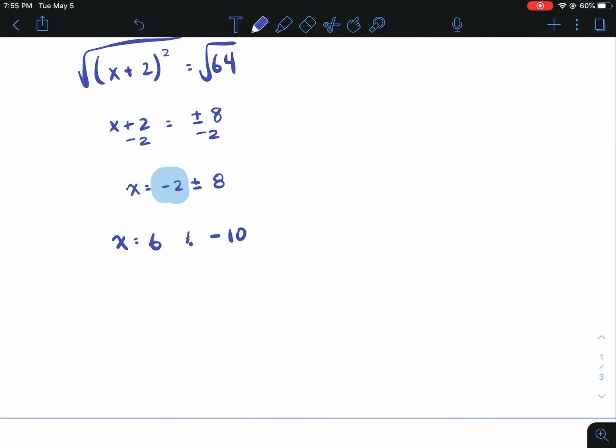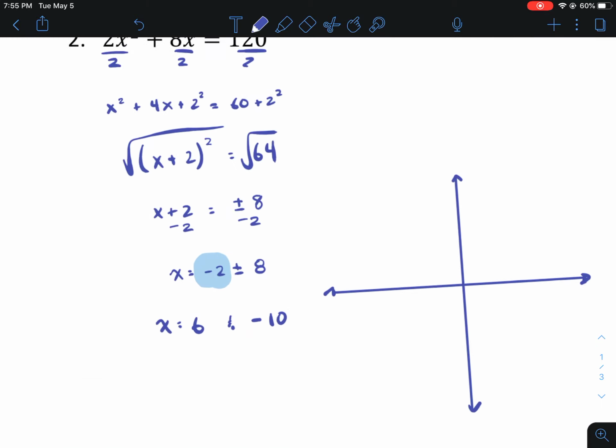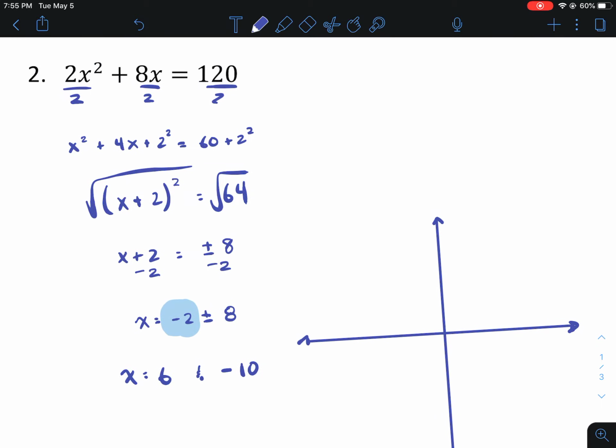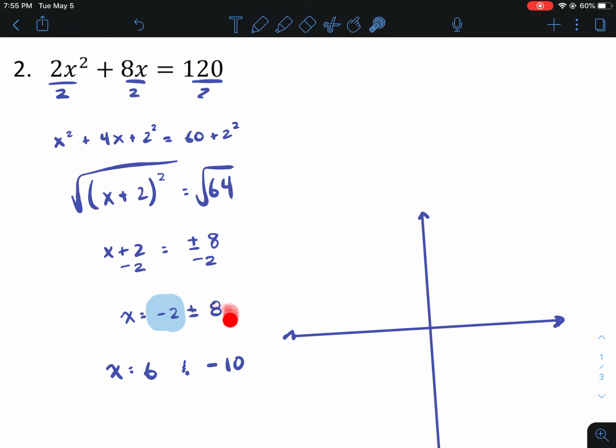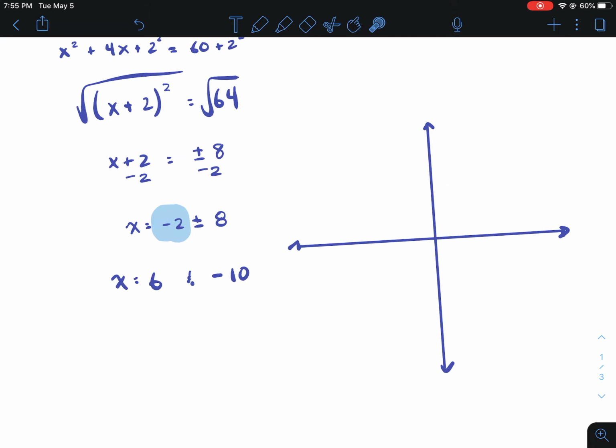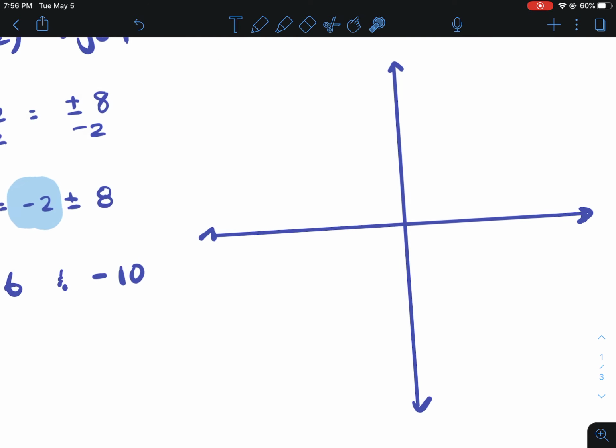So if I were to just sketch this out real quick, these solutions are telling me that if I have this quadratic equation and I do all this to solve, the zeros, or the solutions, or the x-intercepts, are 8 away from negative 2 in both directions. Negative 2 plus 8, negative 2 minus 8.